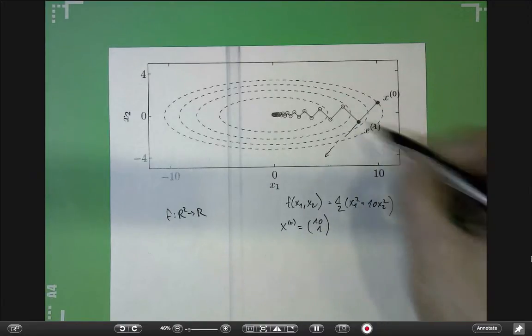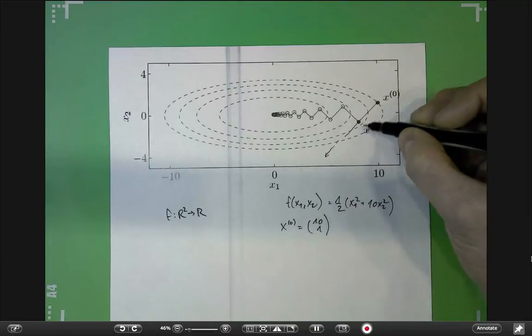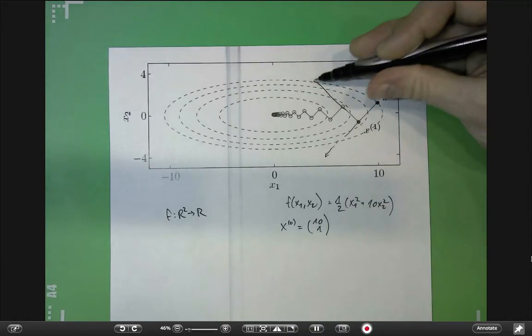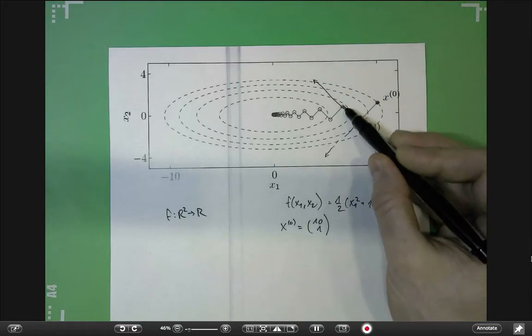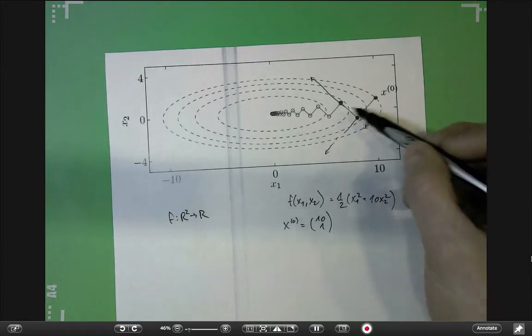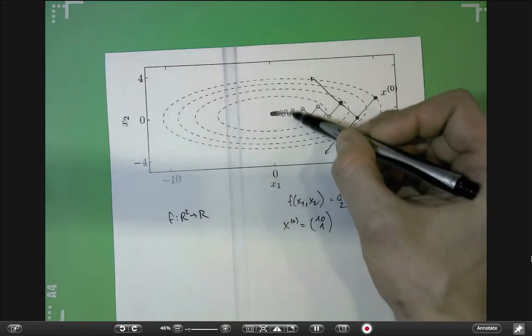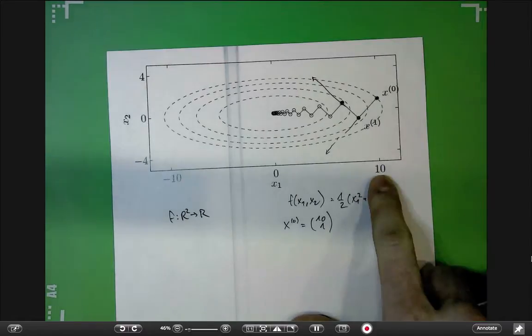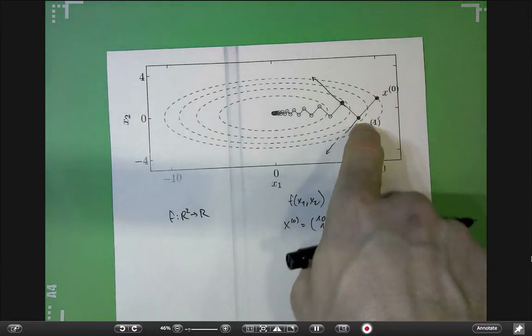Now I don't know what exactly it is, but it's like here. Here I do the same thing. Aha, now the minimum points this way, right? If I go this way, here is where I will get. And so on. And eventually I will get to the local and global minimum. But it took quite a few iterations, right?